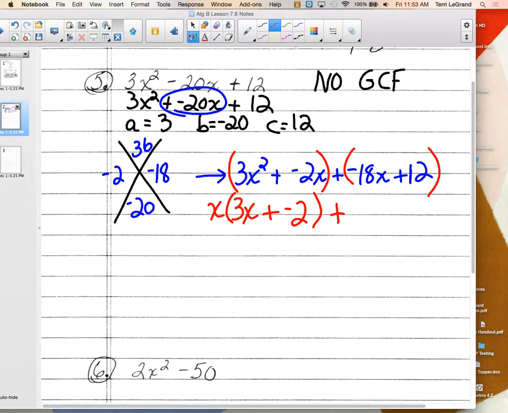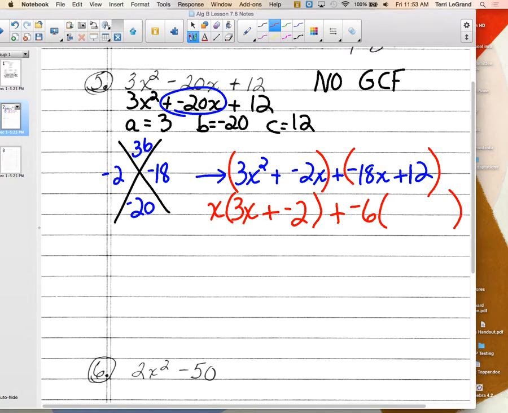What's the GCF of our second group? If we try 6, we're going to get a negative 3x. What do we want? The same. We want a positive 3x, don't we? So let's just go right to saying, let's do a negative 6. How about any x's? No, there aren't any x's in that 12.